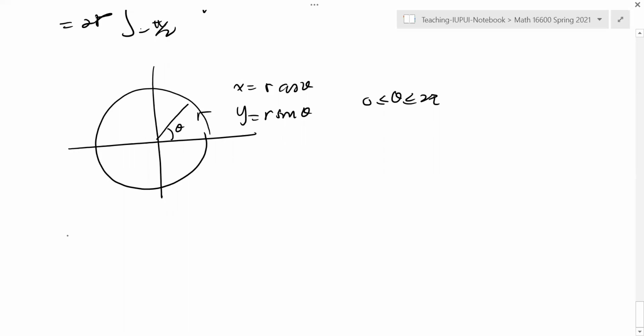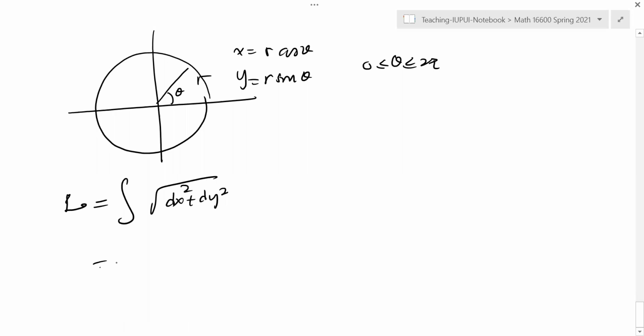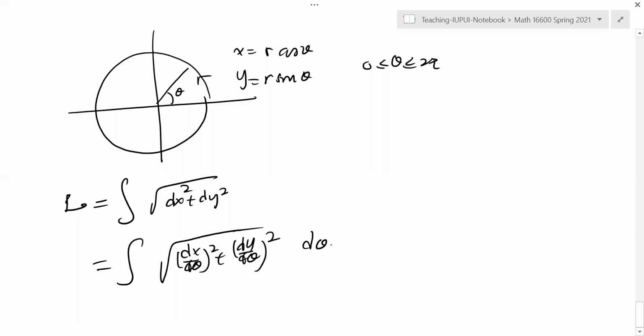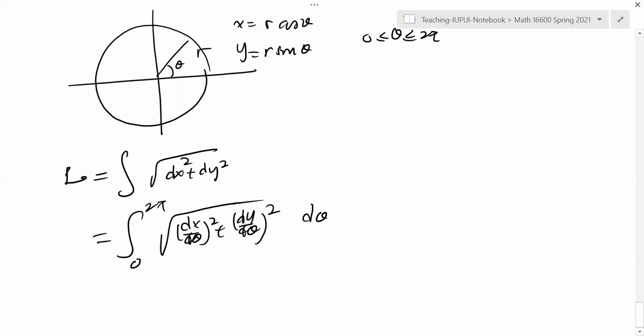So remember, the integral for the length is going to be the integral of the square root of dx squared plus dy squared, right? But if you divide each side by d theta, then you get dx over d theta squared plus dy over d theta squared, and d theta. So theta is from 0 to 2 pi. But this will be very much simpler because the derivative dx over d theta is going to be negative r sine theta, and dy over d theta is r cosine theta.